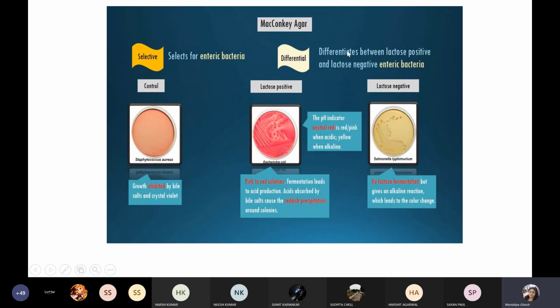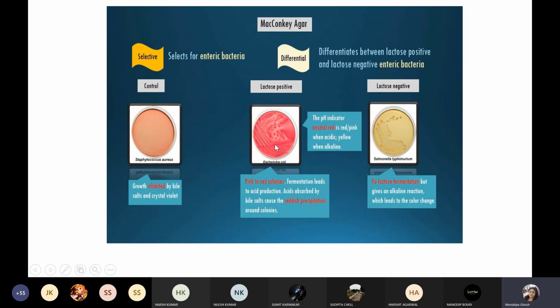Here, if the lactose positive bacteria grow, the pH indicator, neutral red dye, is red or pink in an acidic environment, and in an alkaline environment it gives yellow color. So the pink to red colonies, if you can see, then you have an idea these special types of bacteria are grown.